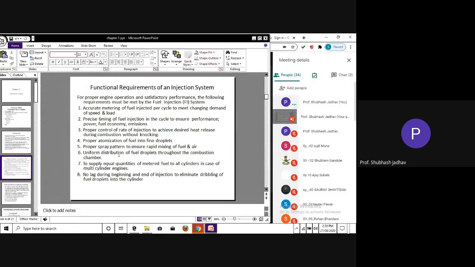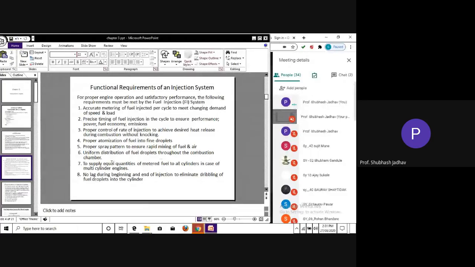Then that is again correlated to the next point, that is uniform distribution of the fuel droplets throughout the combustion chamber. So the spray pattern is proper, and the air motion is as per requirement inside the combustion chamber. Then the distribution of the droplet will also be proper, which will ensure that every droplet is going to get sufficient amount of air, and every droplet is going to get sufficient amount of heat both for burning, and it is going to burn.